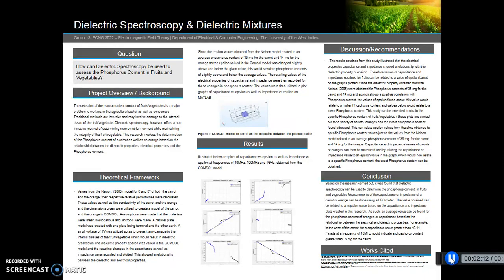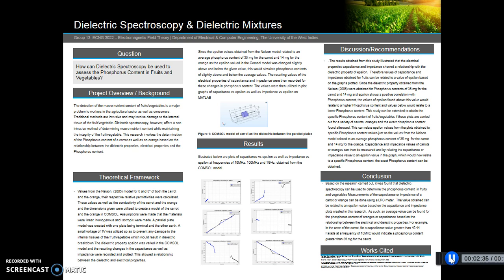What was used within the model to represent them was an average value. This may provide a minor deviation from their actual values, but would allow their values to be compared to one another. Capacitance and impedance were then recorded to observe changes within the phosphorus content.